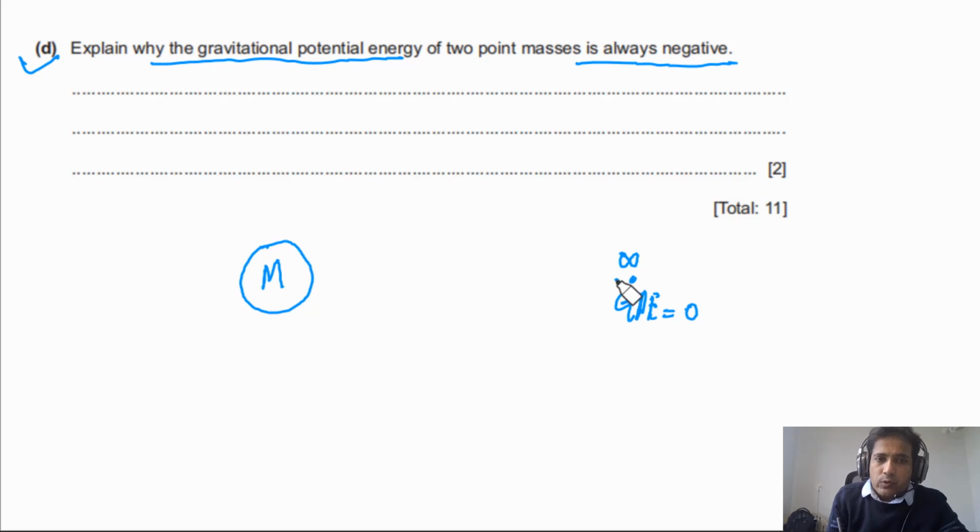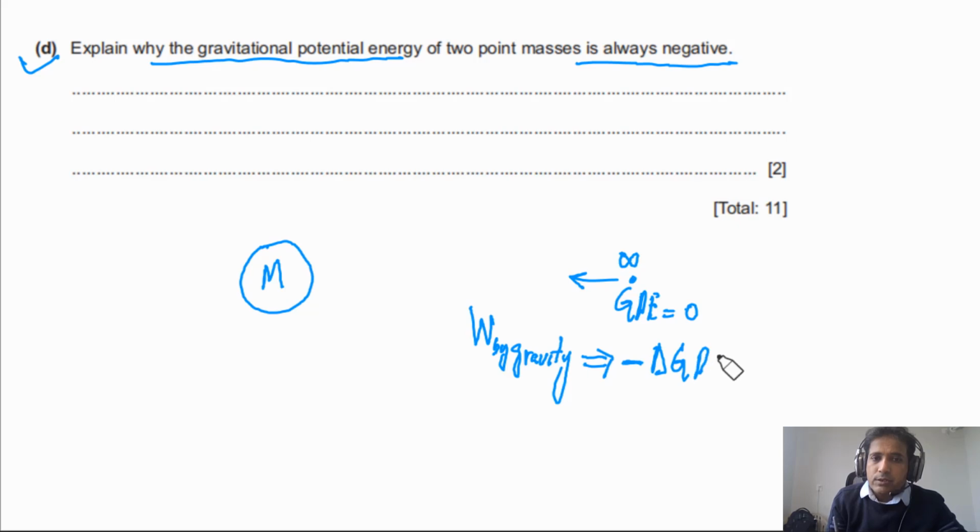So now if we go this way, gravitational force is an attractive force. So work will be done by gravitational force. As work is done by gravitational force, the gravitational potential energy will decrease. So we need to understand, when work is done by gravity, this is equal to the negative change in GPE.